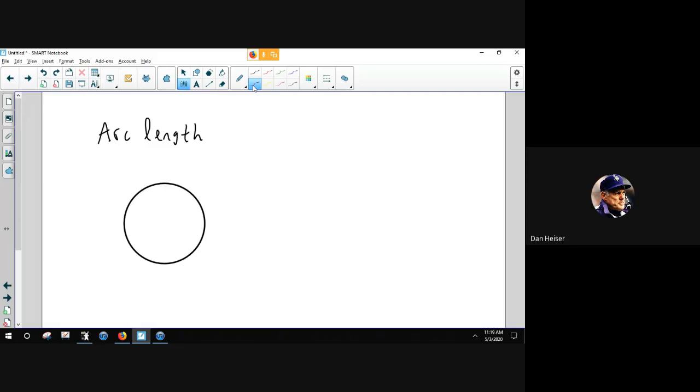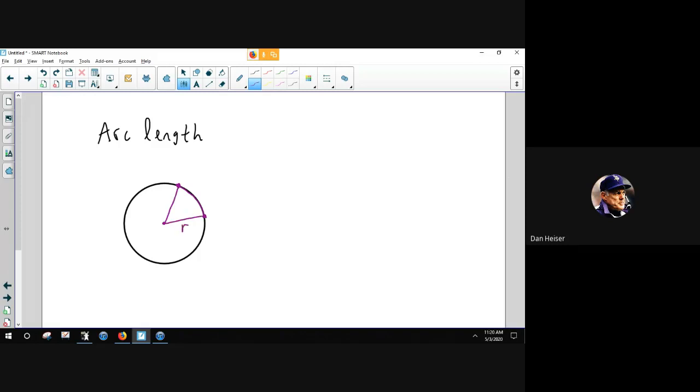So arc length. An arc, we know, is just some curved path on the circle. And in our circle unit, we looked at ways to measure this in degrees. Well, now we're going to look at an arc as a measure of distance.